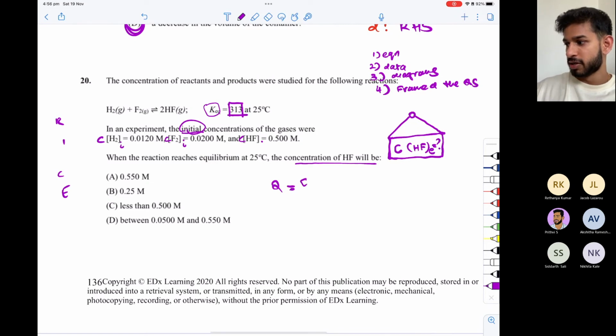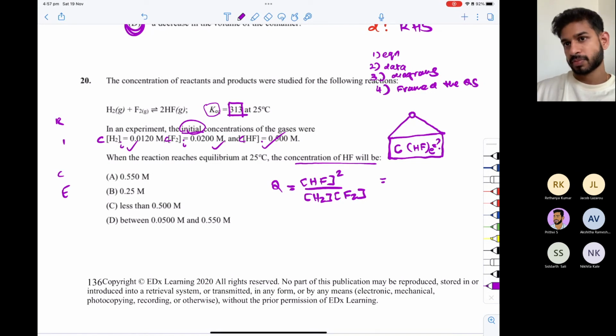So Q is equal to HF squared divided by H2 and F2. Sub in those values, you can straight away use them. What do we get? I got 1,000. 1,000.